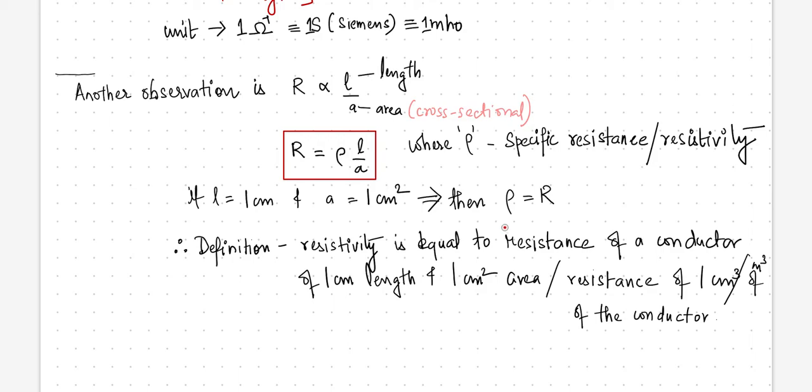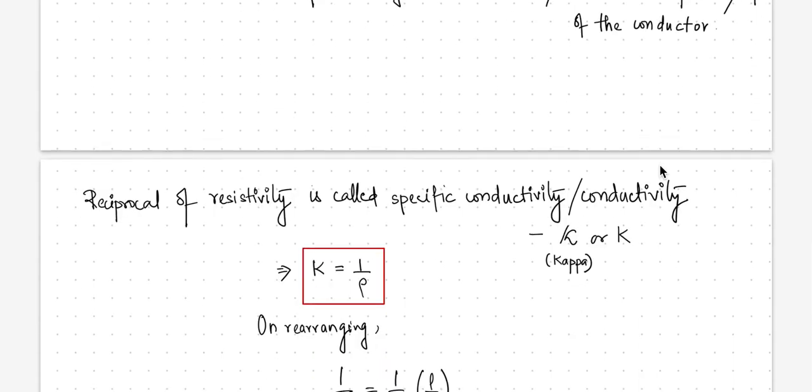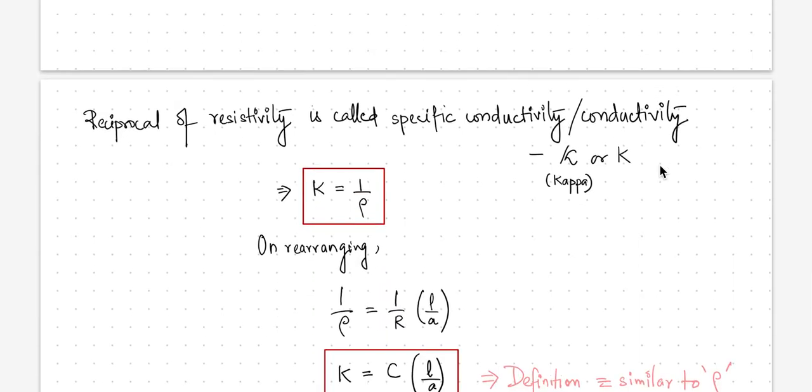Now, rather than specific resistance or resistivity, the more useful term that we come across is specific conductivity, or in other words conductivity, which is basically the reciprocal of resistivity.